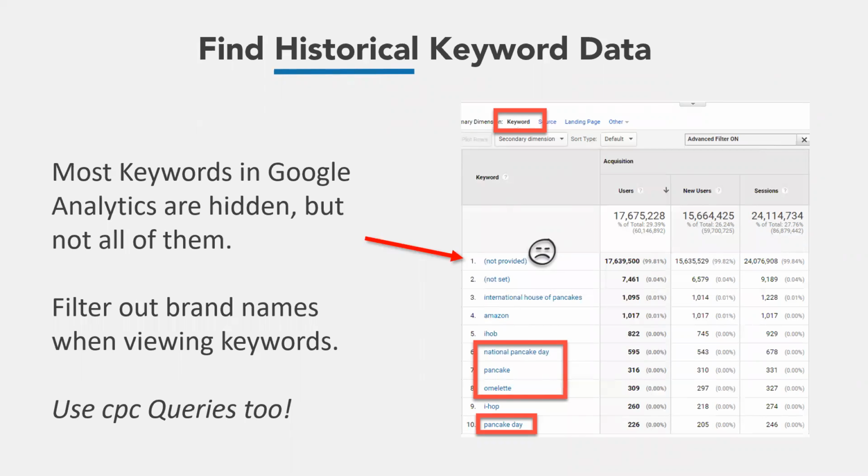The other place that you can look, you can also go right into your ad platforms like Bing Ads and Google Ads, are your CPC queries, cost per click query data, not your keywords, because a keyword is really a clue in paid search. It's the actual query report that you want to pull that shows what the user actually searched for. Pull a long enough time of data, and you've got some really good insights on what people are looking for.